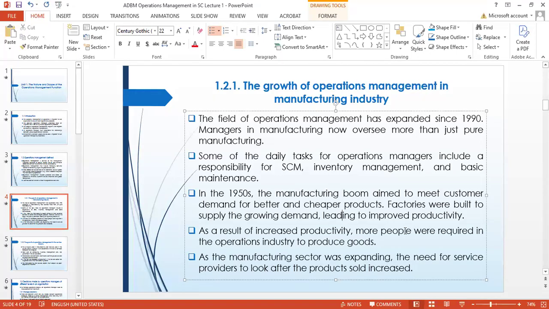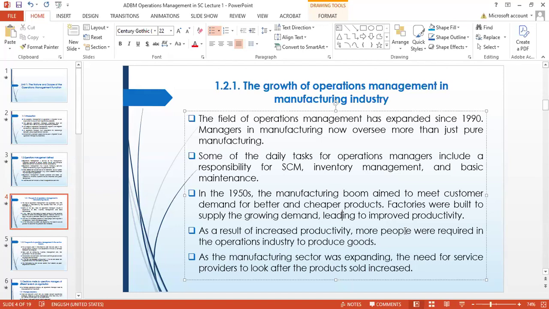Because of the increase in demand and the increase in factories, we saw productivity also improving. The productivity in various organizations or manufacturing companies increased, right? So when there is an increase in productivity, or an increase in goods that have to be produced, we know that a lot of people are required to do the work.